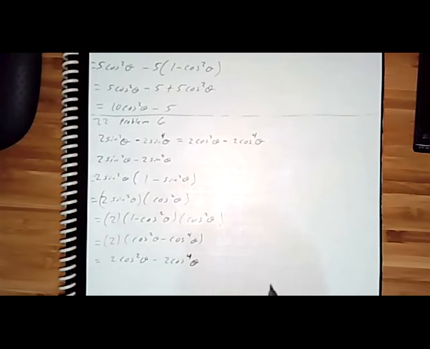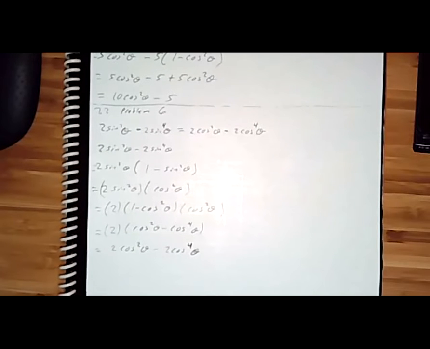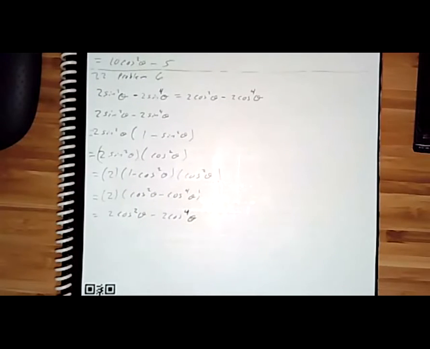There we go. That's what they wanted. We wanted to show. So factor, change both of them to cosine, then multiply them back together.